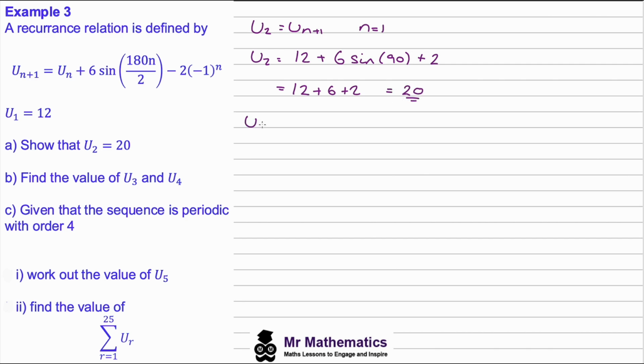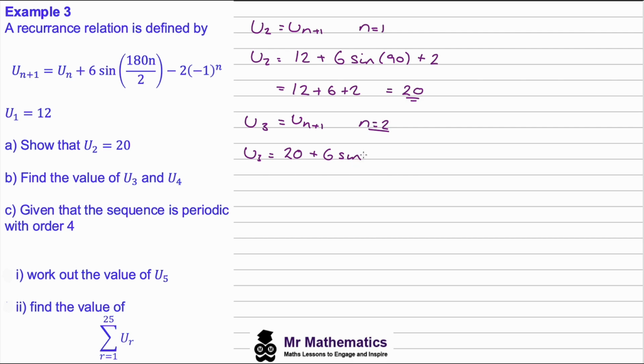For U3, this is where n will equal 2. So U3 will be the previous term U2, 20, plus 6 sine of 180 times 2 over 2.